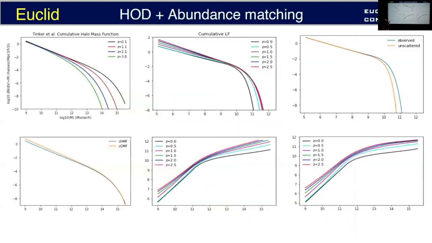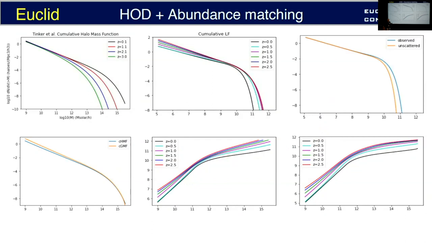And so this is just a plot. Basically you have your halo mass function. And the thing we do with the HOD is that instead of halos, we go to galaxies. So how many galaxies are at a given mass threshold? Then you have your luminosity function, and you do abundance matching, and you have a relation between your halo mass and luminosity.